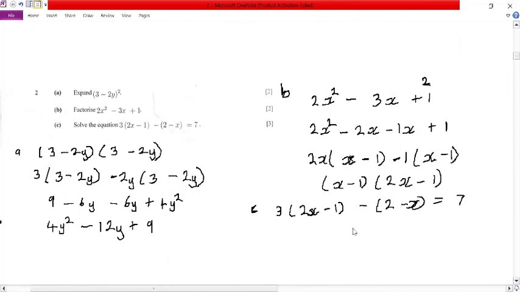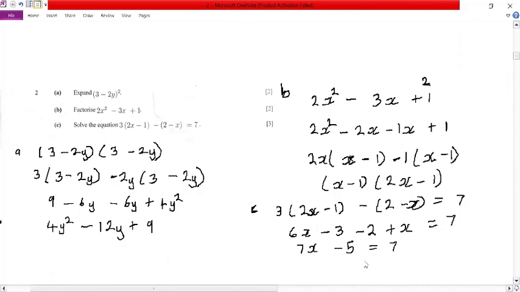So we start by expanding the brackets. 3 times 2x, we get 6x. 3 times minus 1, we get minus 3. Minus times 2, we get minus 2. Minus times minus x, we get plus x. Then from there, we group like terms. 6x plus x, we get 7x. Minus 3 minus 2, we get minus 5.